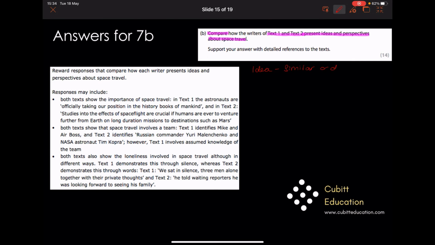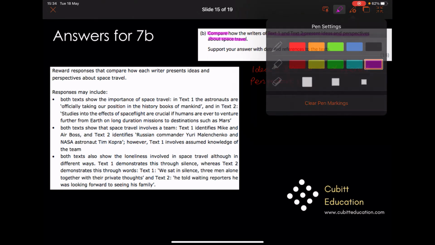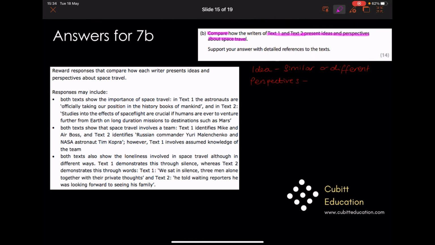Okay, so it doesn't have to be the same. It can be a difference as well. And it can be about any perspectives that they may have, so how they feel something was, or how they viewed something. And we have to use references to both of the texts to do this.